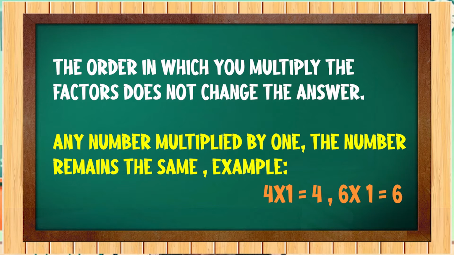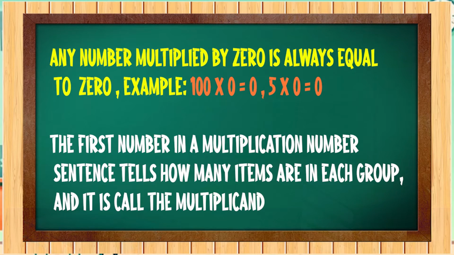Example, 4 multiplied by 1 will give a result of 4. 6 multiplied by 1 will give a result of 6. Any number multiplied by 0 is always equal to 0. Example, 100 multiplied by 0 equals 0. 5 multiplied by 0 will give us a result of 0.